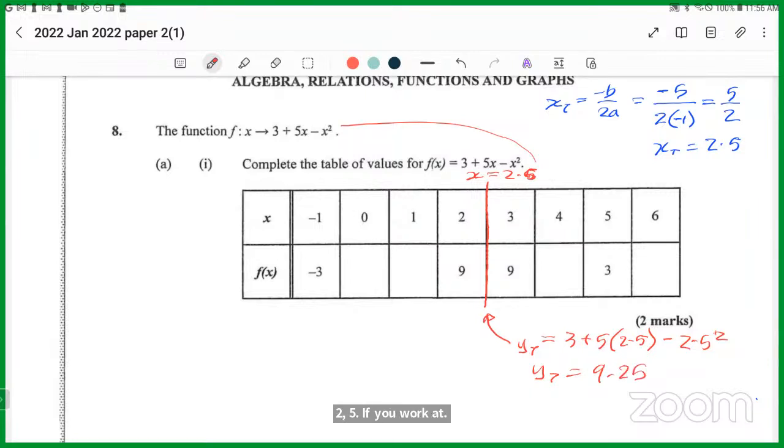If I work out the YT value using the other way, 4AC minus B squared over 4A, you're going to get the same thing. YT equals 4AC minus B squared over 4A, using the formula method to get YT.